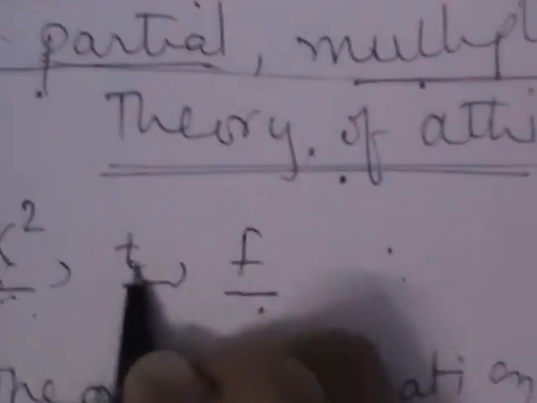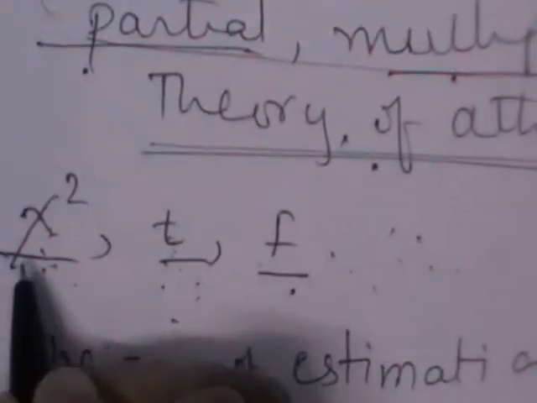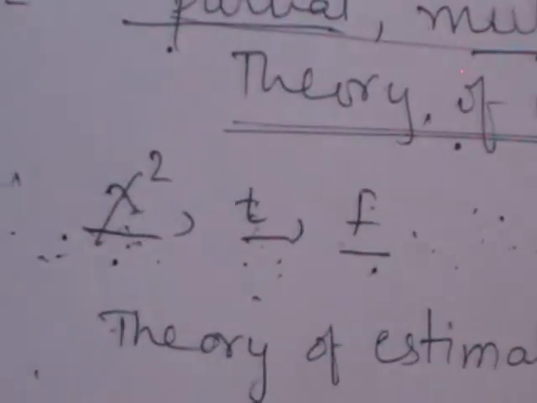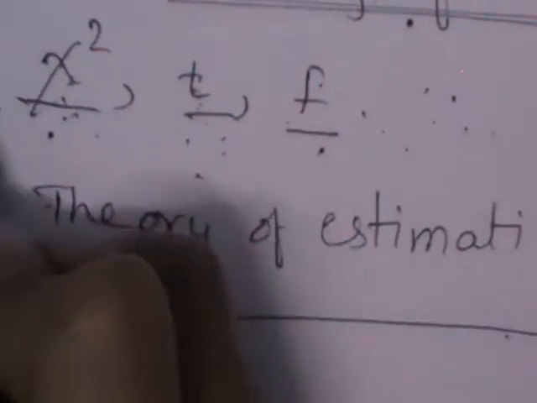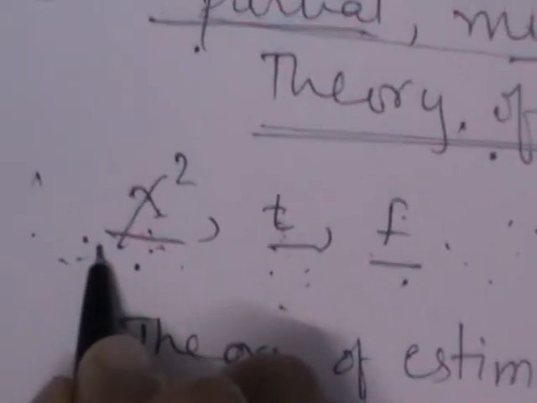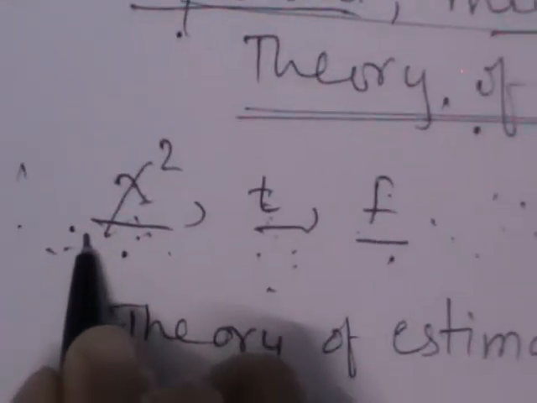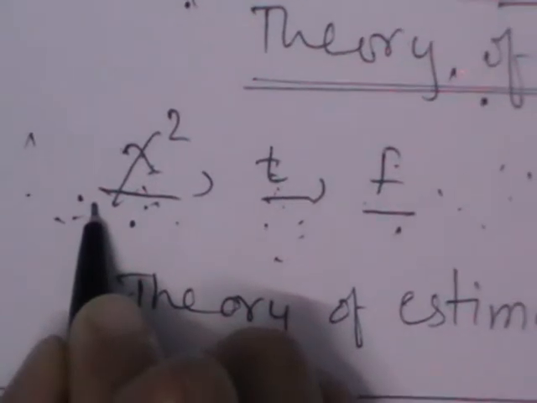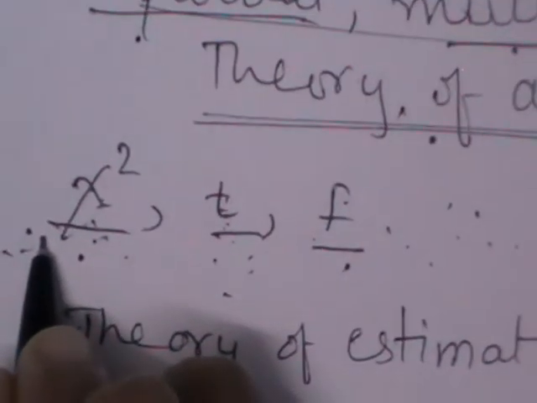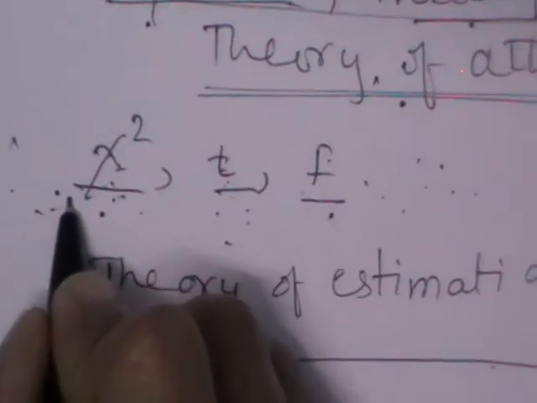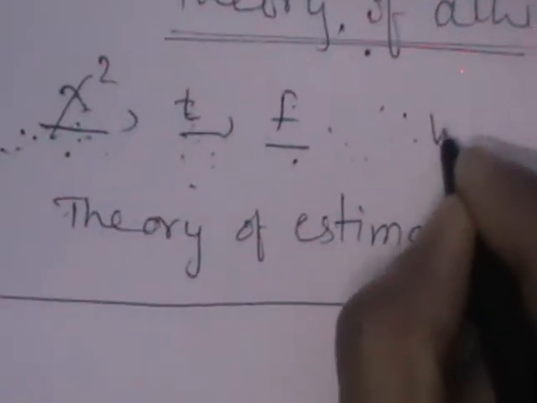Similarly, the mean, median, mode, beta 1, beta 2 of T, and gamma 1, gamma 2, and the applications of chi-square, applications of T, applications of F. In the previous semester you derived all the properties, but here you are not going to derive them. Those expressions will be directly given to you. Just read and write, no need to derive. This unit 3 is a very easy one.